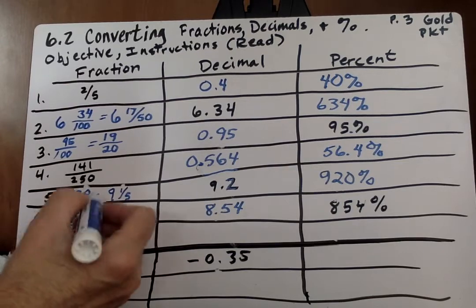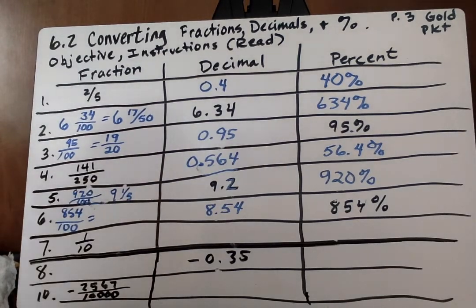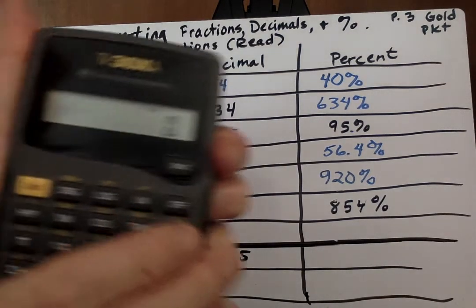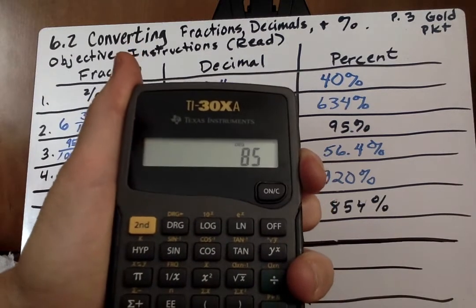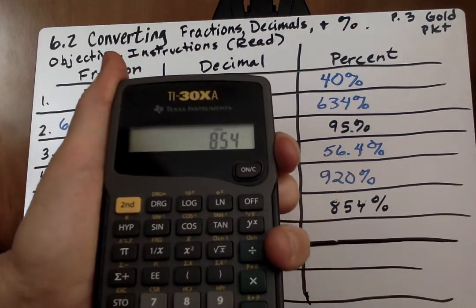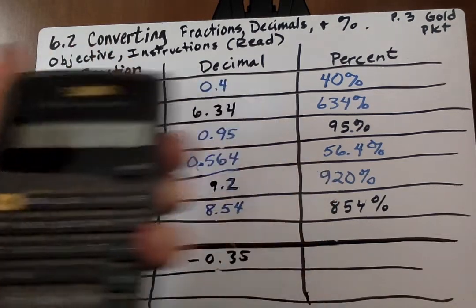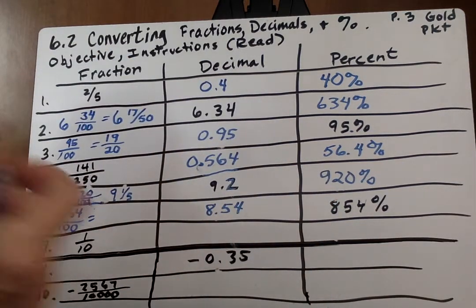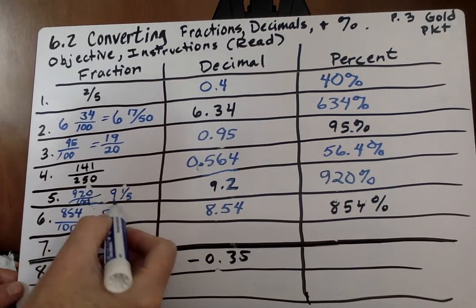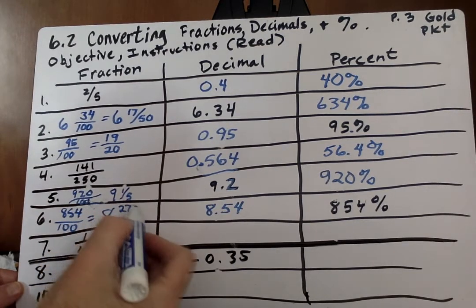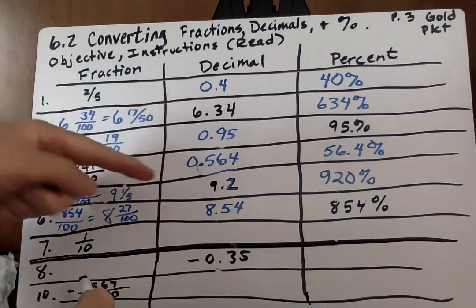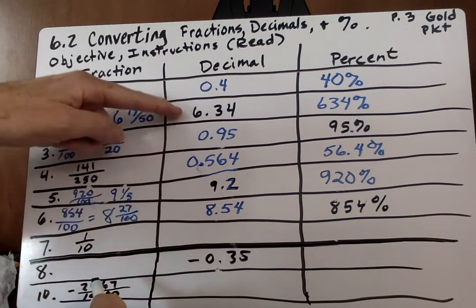And that has to simplify, so we take our handy dandy calculator and let it do our work for us. 854 ABC 100 gives 8 and 27 over 50. Now it's kind of unusual when you're working with decimals and percents to get whole numbers. So this one's unusual, this one, and this one.